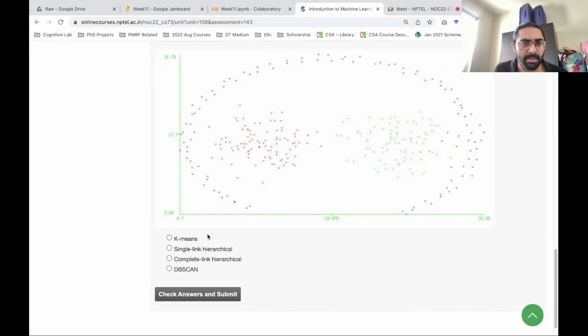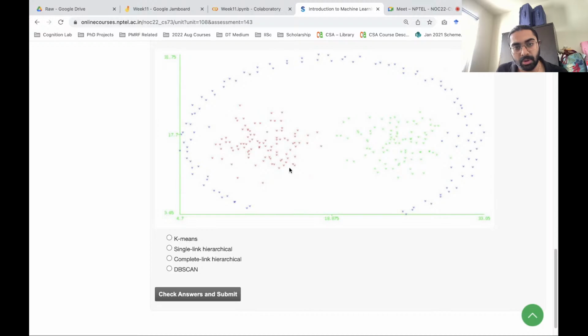So K-means may not work very well because the idea of K-means is that you need to assume things like, for example, spherical clusters and similar radius and all of that. We see very clearly that these points as such don't have the same sort of spherical nature as compared to these points.